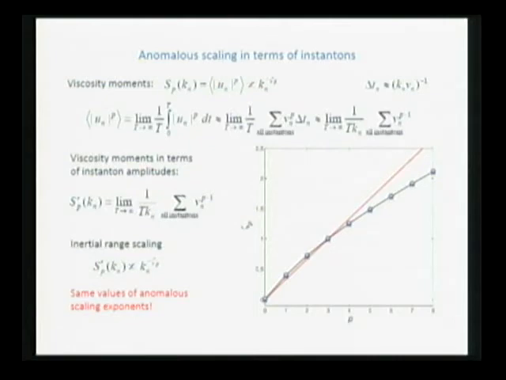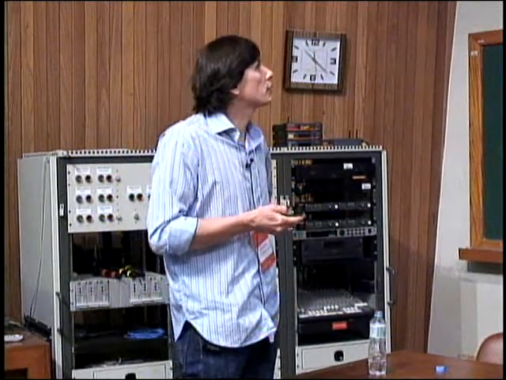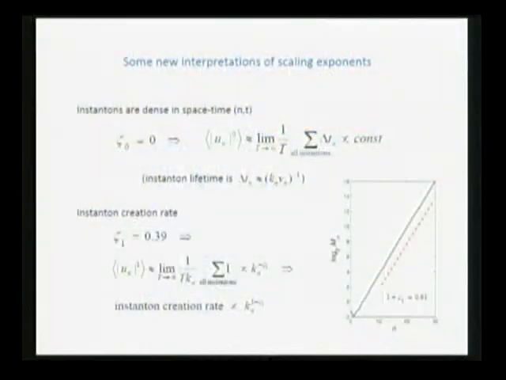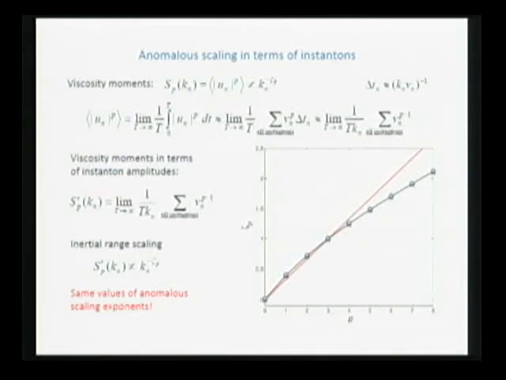And the squares, if you take into account the sum only over instantons, only those that are strongly correlated, also lie on the same line. So now we know that the anomalous scaling can be quantified in terms of these structures. This is kind of logical, not very surprising, but it gives us a tool.